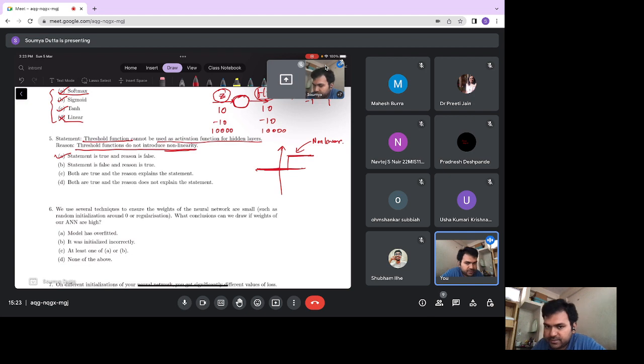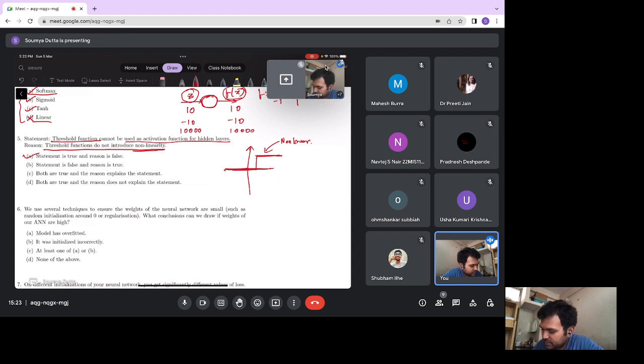The first obvious reason, and I think that is enough for this particular course, is that this function is not differentiable. It is not differentiable at this point, and therefore this function cannot be used. Backpropagation would fail when it tries to look at this particular point.